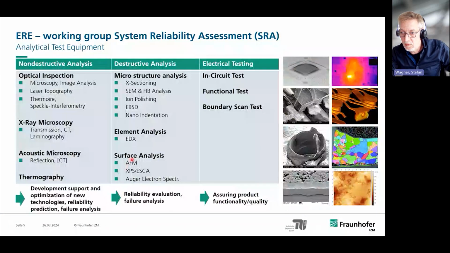And on the analytic side, we have a lot of non-destructive, destructive, and electronic test facilities for optical inspections and thermography, and destructive analysis for microstructure analysis and element analysis. Sorry for the break.